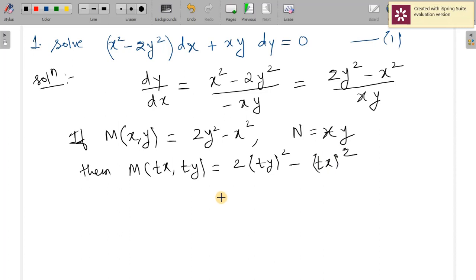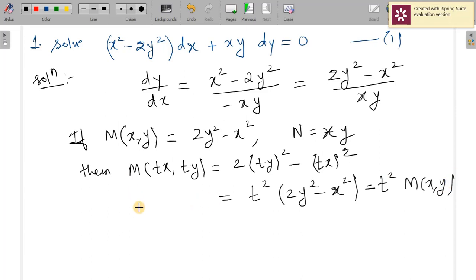You can take t² out and get t² (2y² − x²), the same as t² into M of x, y.